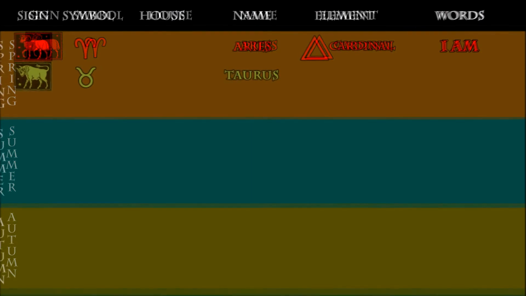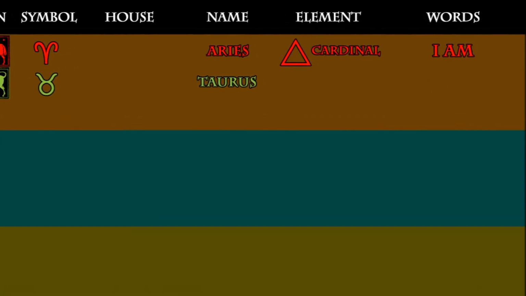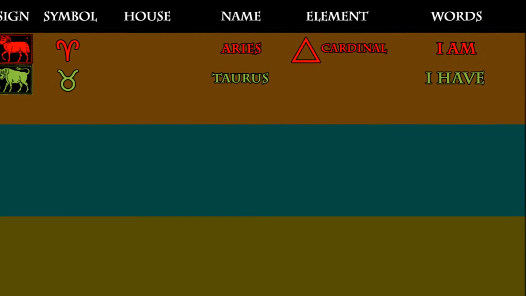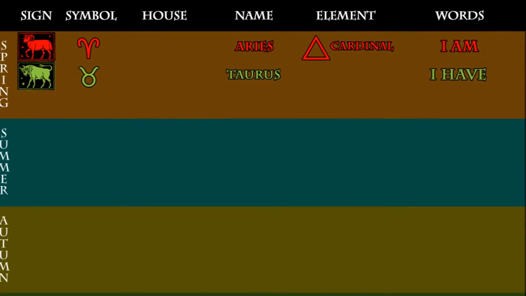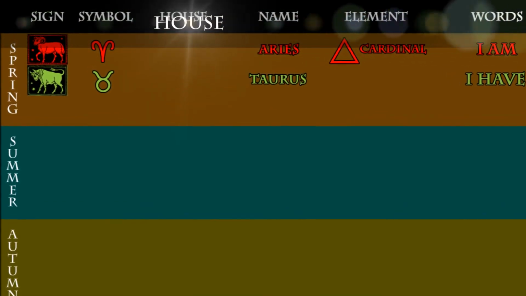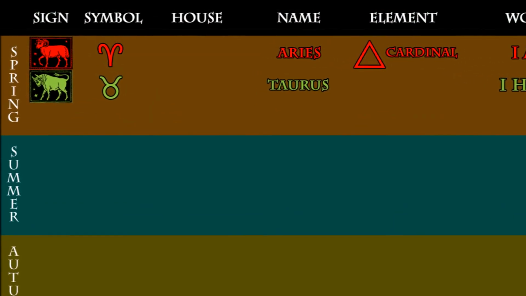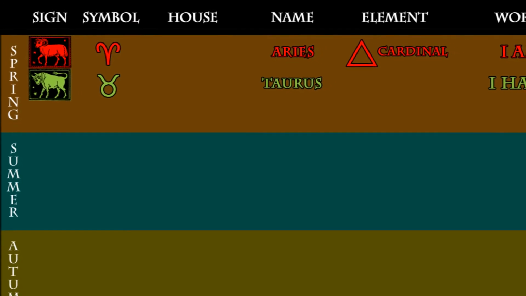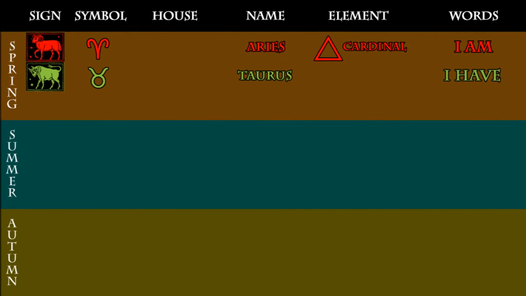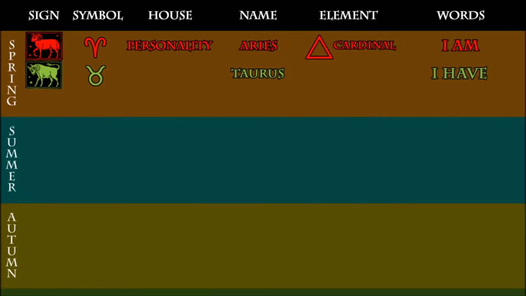Right? There you go. Okay. Next up, we have Taurus. And Taurus says, "I have." Now, this is important also as we go through. Technically, each of these signs also rules a house, which doesn't necessarily correspond to where these signs are in your chart, but their houses do. So the first house is about yourself. Second house is about your resources.